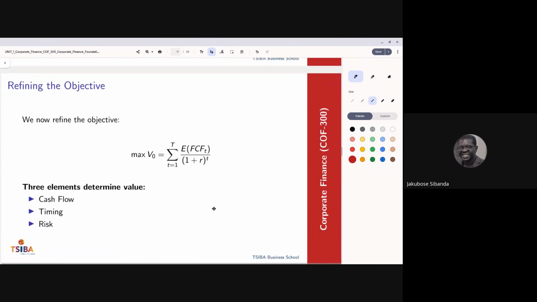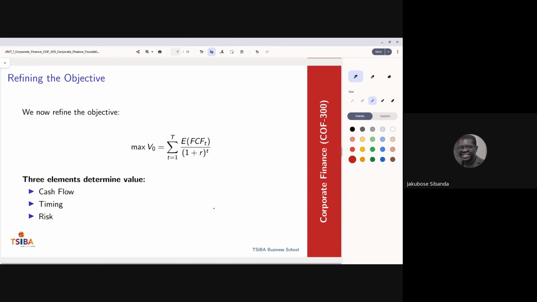Right. So here we are talking about maximization of value, and we have got our formula now put nicely. Max value V naught, which is maximization of value, is equal to the summation from t equals 1 to T of expected free cash flow divided by 1 plus R to the power T. These three elements determine what we want.